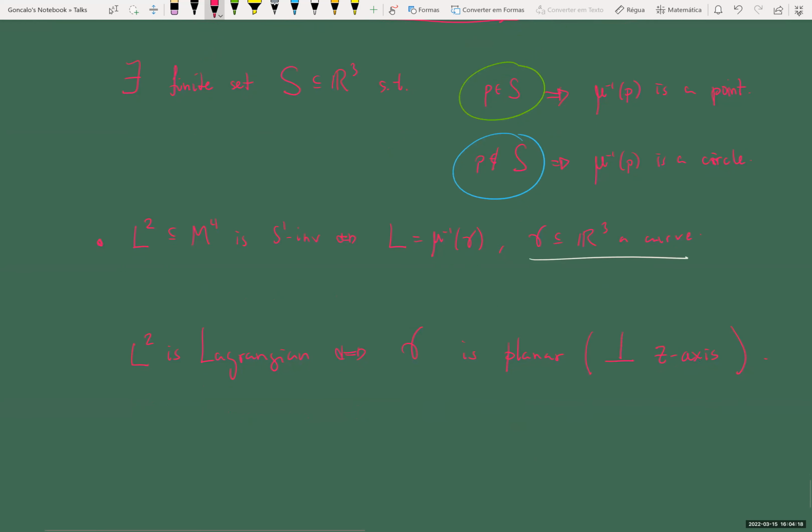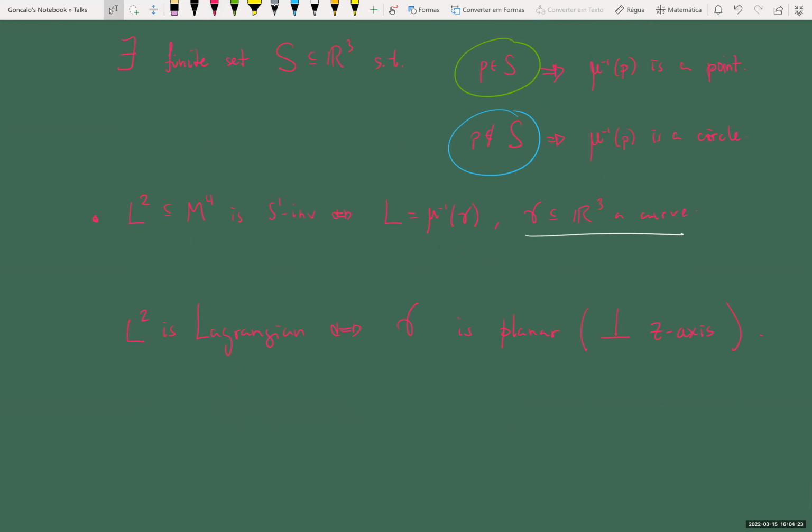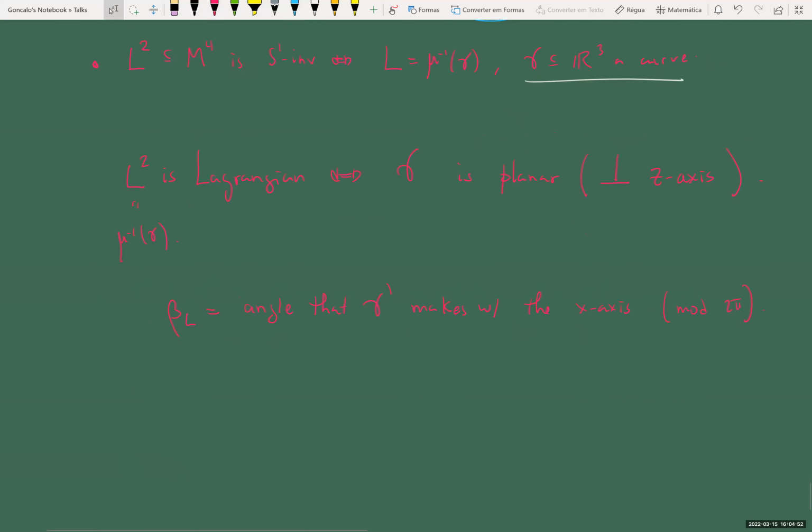Then, L is mu minus 1 of gamma, and beta L is equal to the angle that gamma prime makes with the x-axis, mod 2 pi. Just like in the example that I had first given.